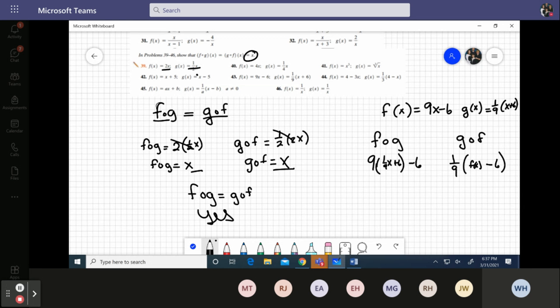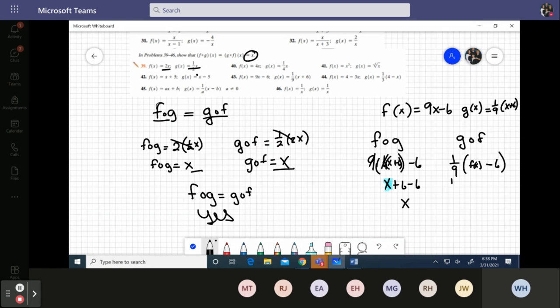So what do I get for... I'm missing something, aren't I? So 1/9 times 9, those are going to cancel each other out, right? And that leaves me with x, x plus 6 minus 6, and I get left with x.